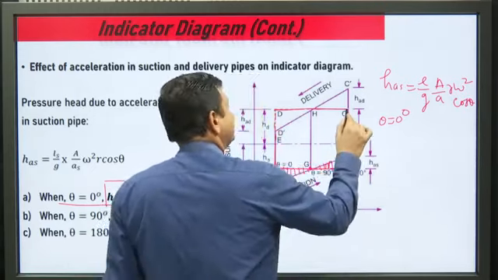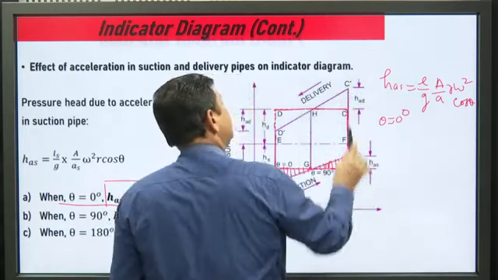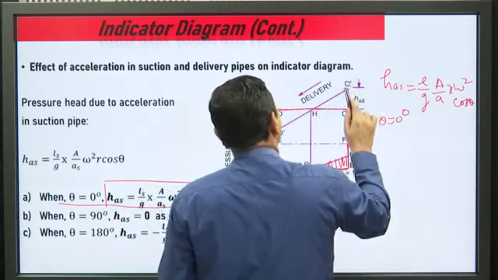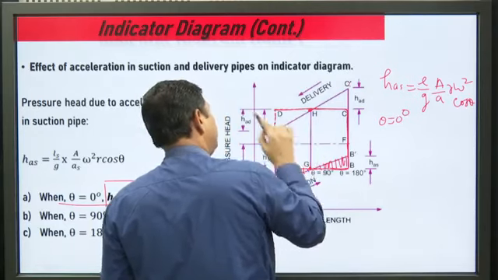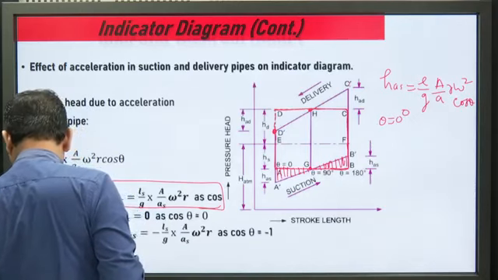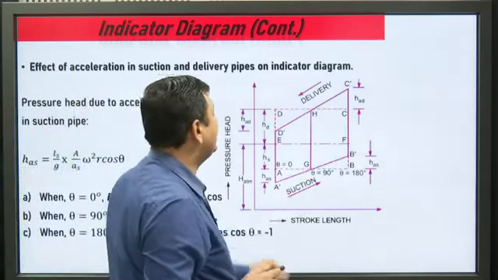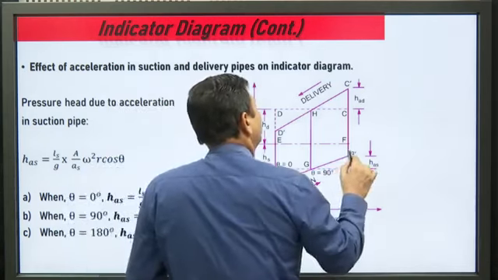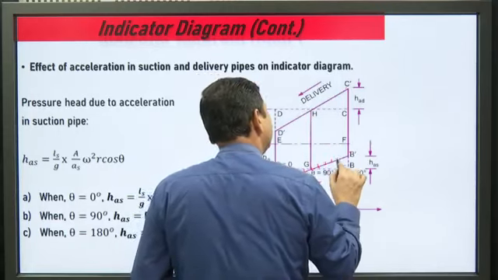Similarly, positive is above the atmospheric pressure, plus we are adding HAD, no effect at the center, and this goes down. So the new indicator diagram becomes A dash, B dash, C dash, D dash.